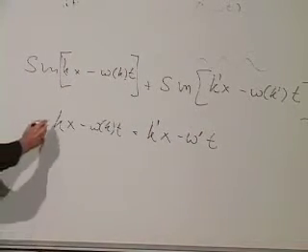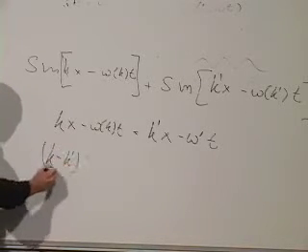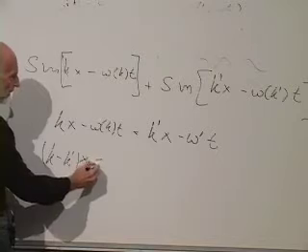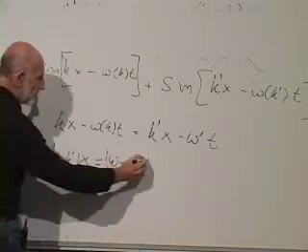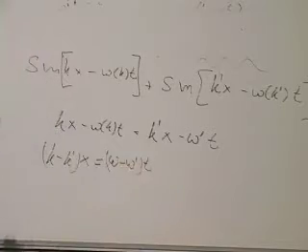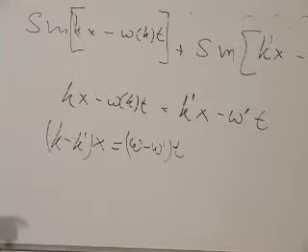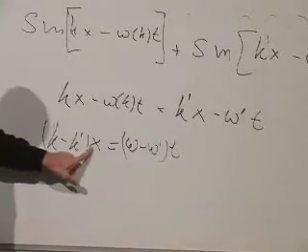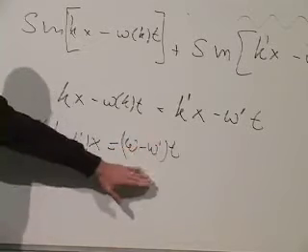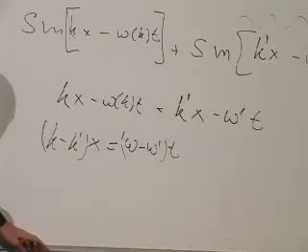But let's write this in the following way: k minus k prime times x is equal to omega minus omega prime times t. Two neighboring waves will reinforce each other along a trajectory where x and t are related by this equation. Okay, let's just divide it by k minus k prime.